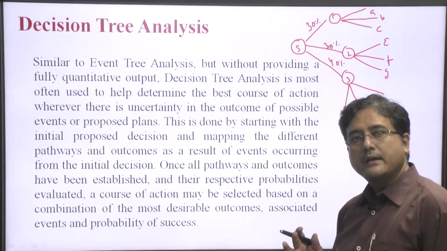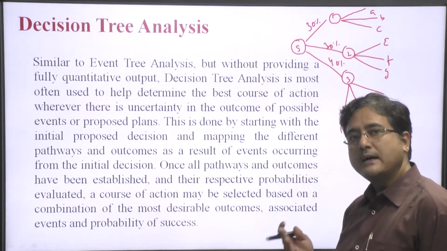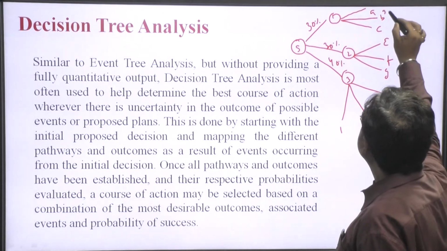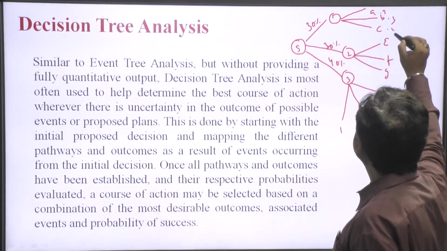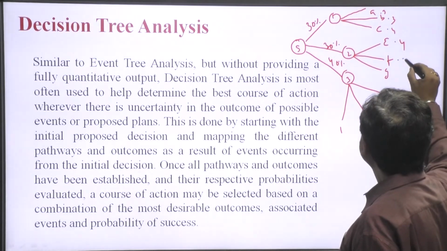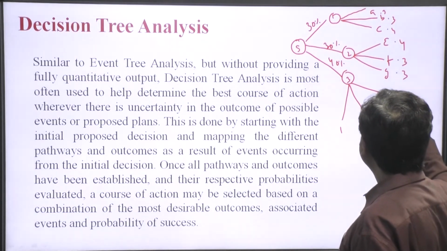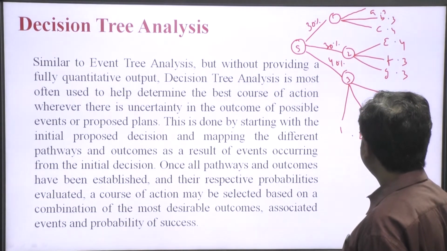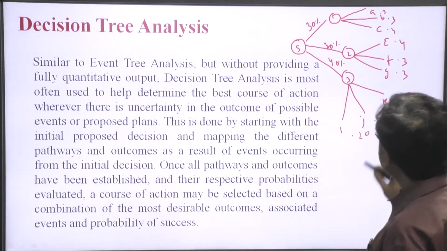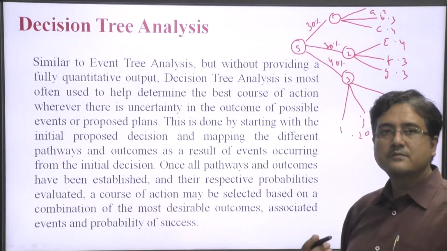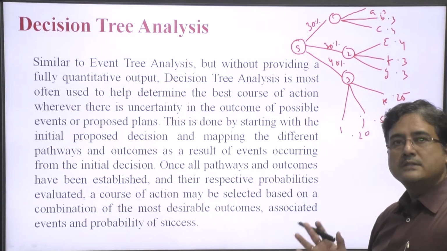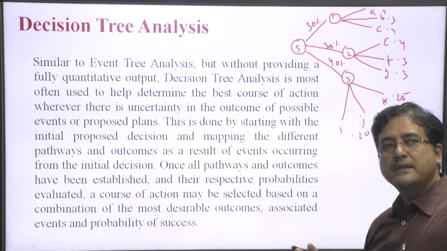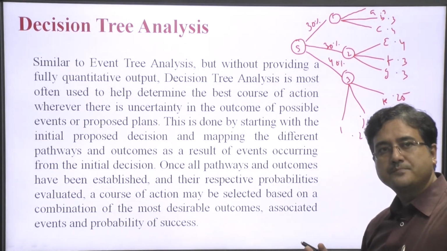Now, what is the probability of these outputs? So, this is 30%, that is 0.3, 0.3, 0.4, 0.4, 0.3, 0.3, 0.25, 0.55. We know the maximum probability is 1. Now, this is a kind of tree. Here the desirable outcome and the associated event probability have to be chosen.